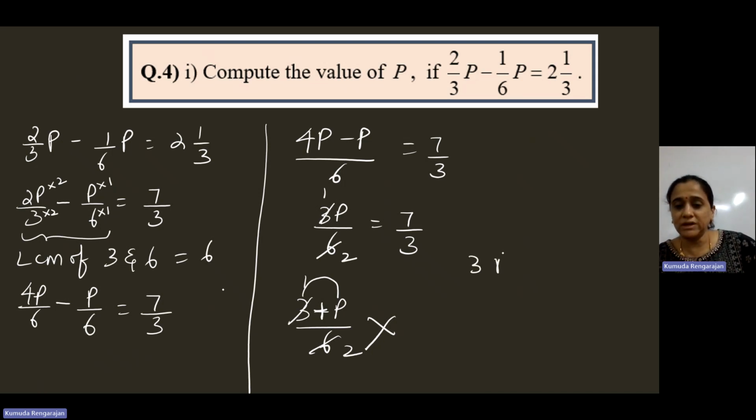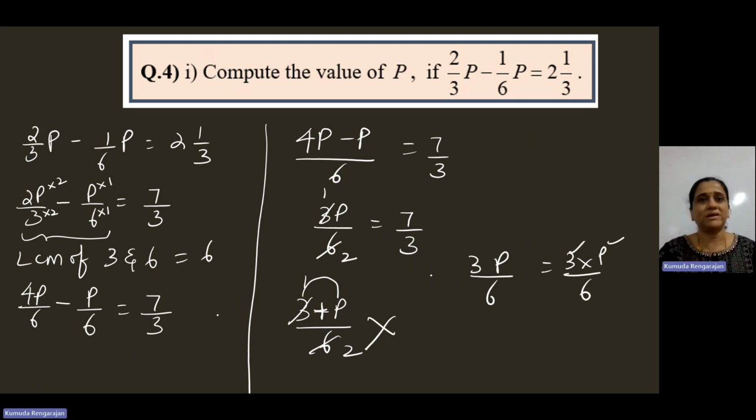Now this is 3p by 6, which is nothing but 3 into p by 6. So here 3 and p, no, they are independent. When two terms are connected by the multiplication sign, they are independent. You read it as 3p, but it's 3 into p, but 3 and p are independent. You can cancel 3 with something in the denominator, or p with something else in the denominator.